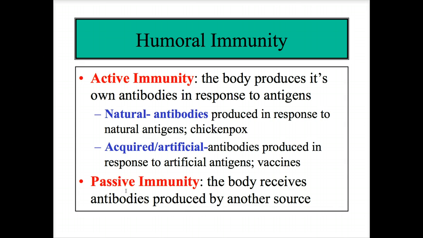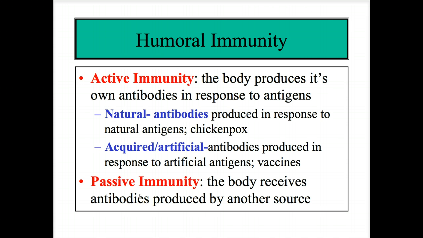Active immunity can happen by natural antibodies produced, which when I got the mumps or chickenpox, that was a natural immunity. And your acquired or artificial immunity is produced by your vaccines. So it's important. This is testable, very important information.